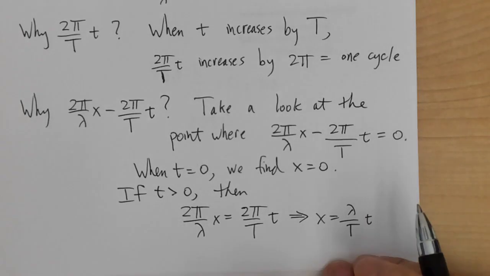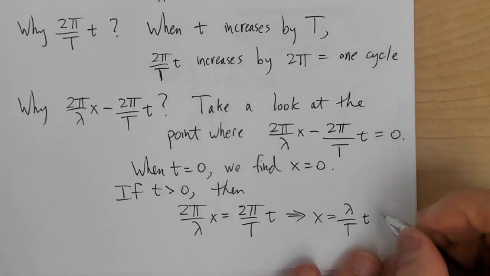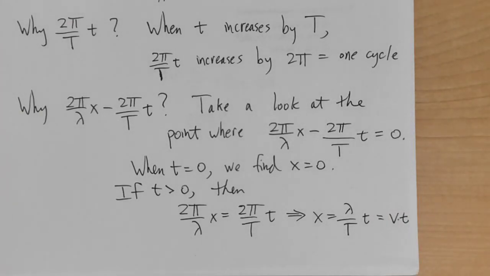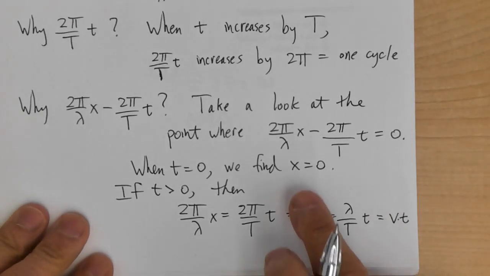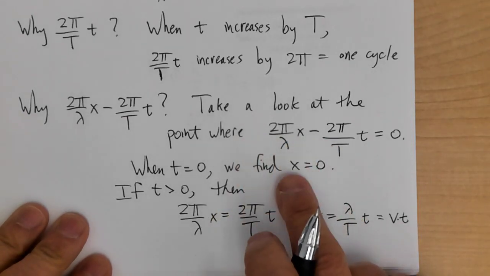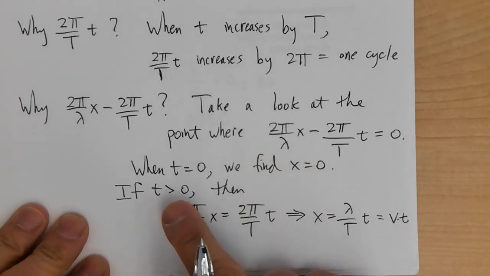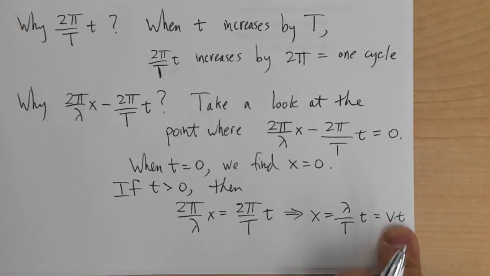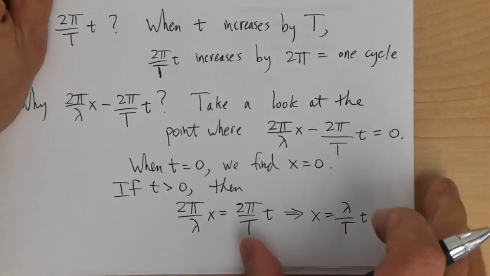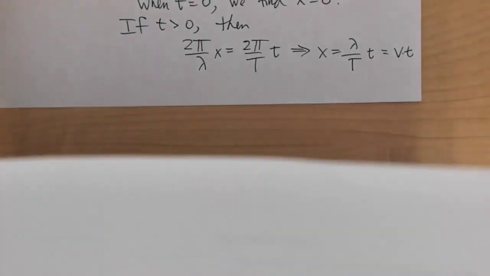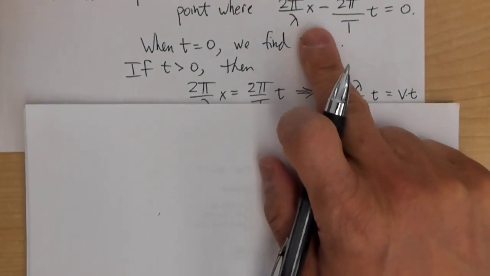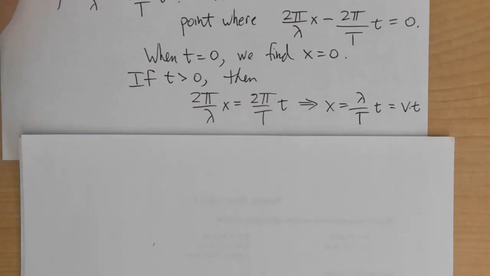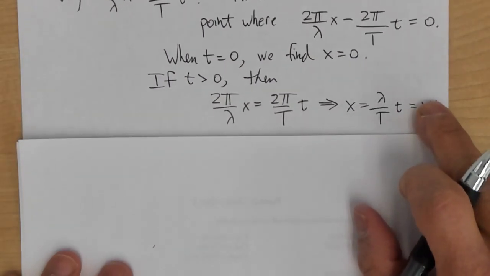Lambda over capital T, wavelength over period, is the wave speed, so I get that x is equal to vt. So it starts off where this point is x equals 0, but when time is greater than 0, x will be v times t. So this point where the argument of the sine function is 0 will move with the speed v.